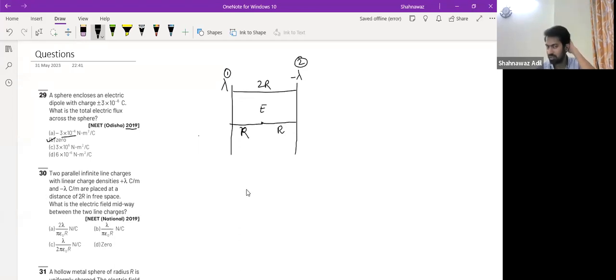Let me ask Rabia, what will be the electric field at this point due to this one, left or right? This is plus plus plus, this is minus minus minus.